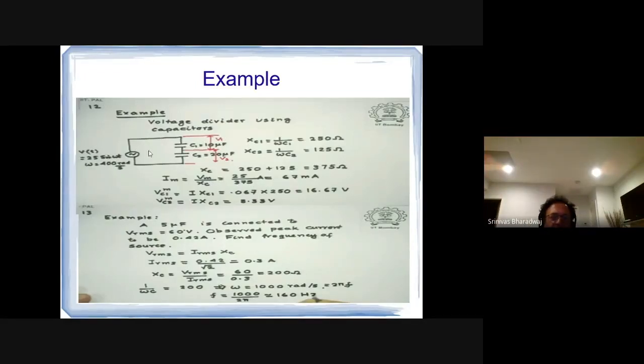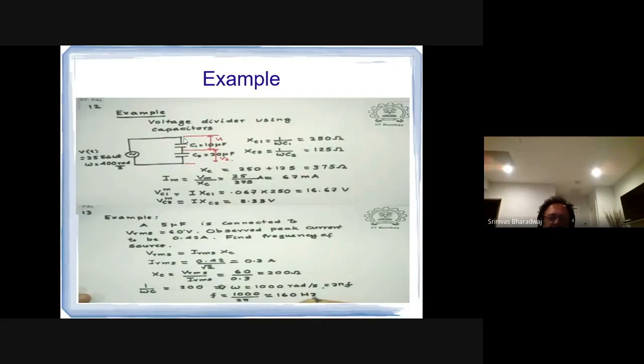The total voltage from here to here will be the voltage across this and then the voltage across this. The current will be the same. So VC1 equals I XC1, VC2 is I XC2. Therefore, the sum of these two will add up to the max voltage.